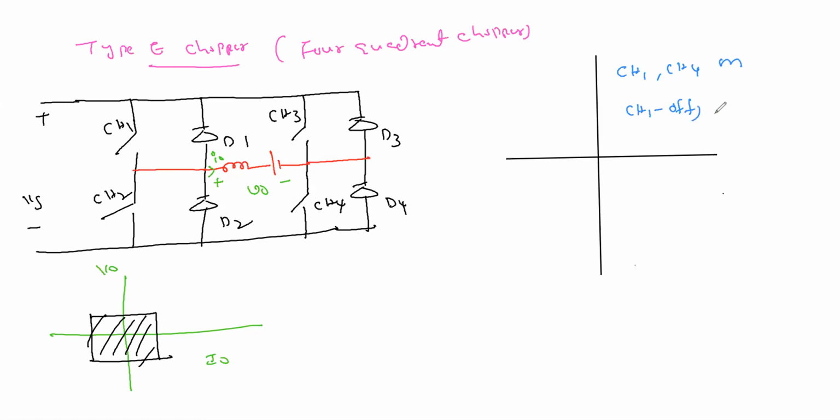CH1 is off, CH4 and D2 conduct. This is the operation, and this is step down.